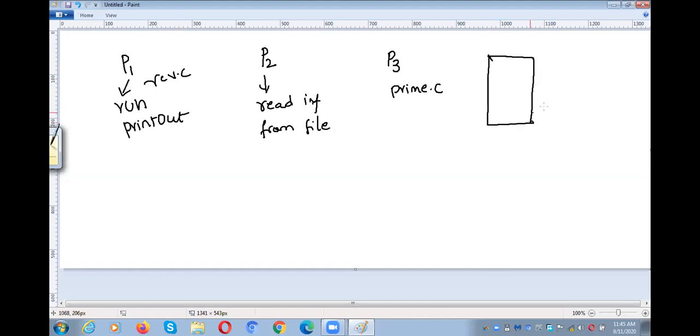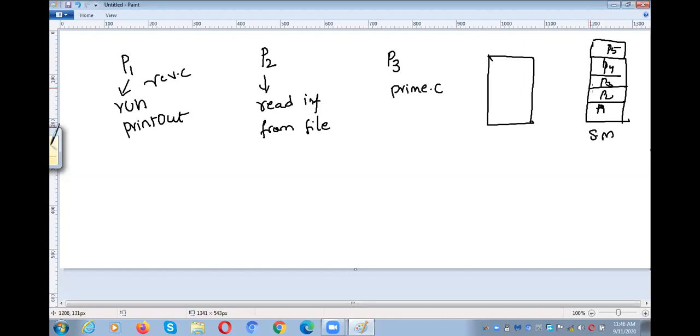All these three are initially available in the secondary memory. This is P1, P2, P3, P4, and then P5. Like all the programs in your system are available in the secondary memory. From those 5 programs, what you need to run? P1, P2, P3.